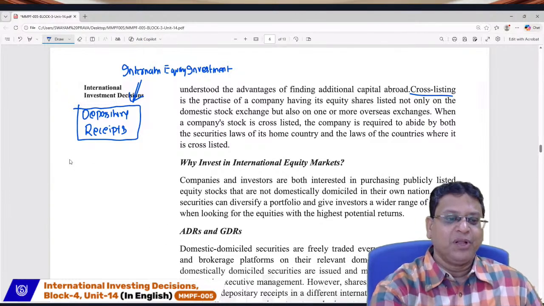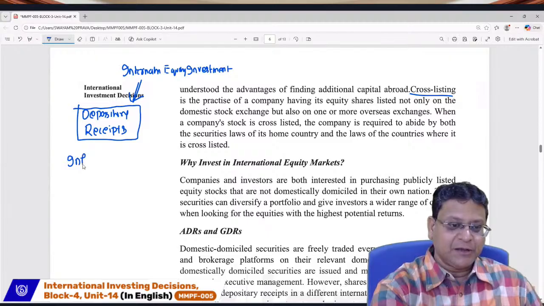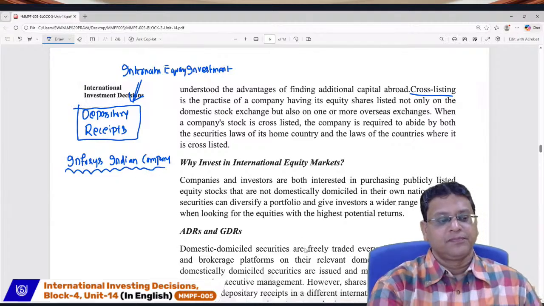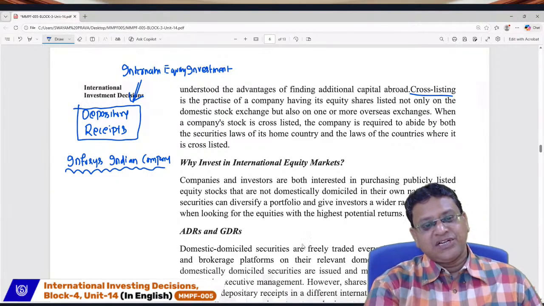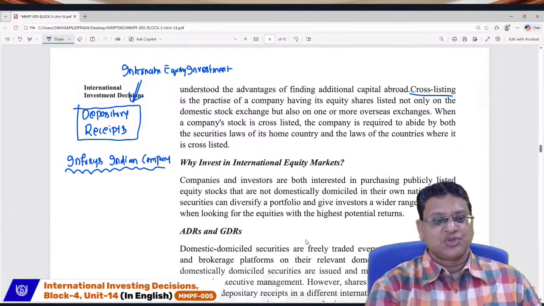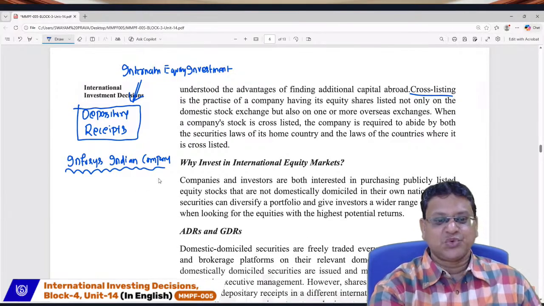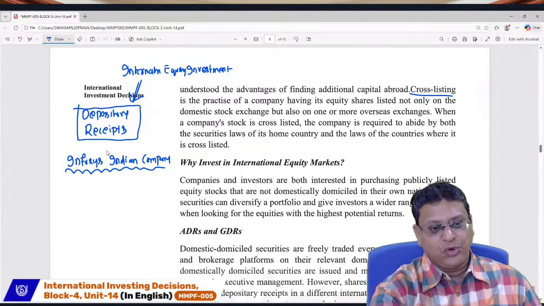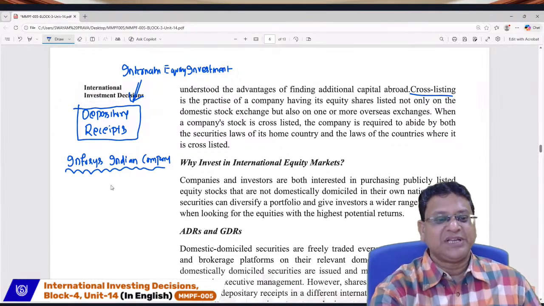Let's take an example. Infosys is an Indian company, and it wants to raise shares in, suppose, the USA market. So Infosys wants to issue shares in the USA market. It can be done with the help of a depository receipt.